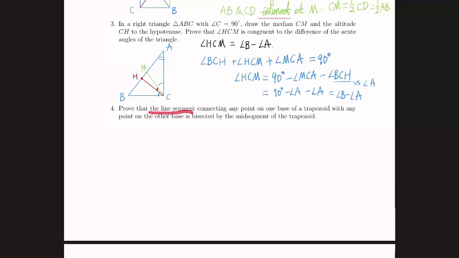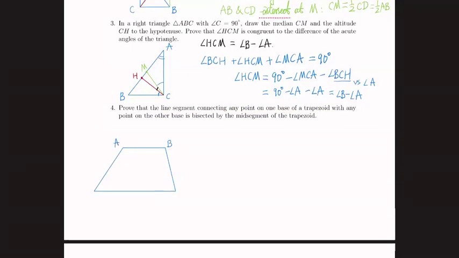line segment connecting any point on one base of a trapezoid with any point on the other base is bisected by the midsegment of the trapezoid. Okay, let me draw a trapezoid. Make it general.